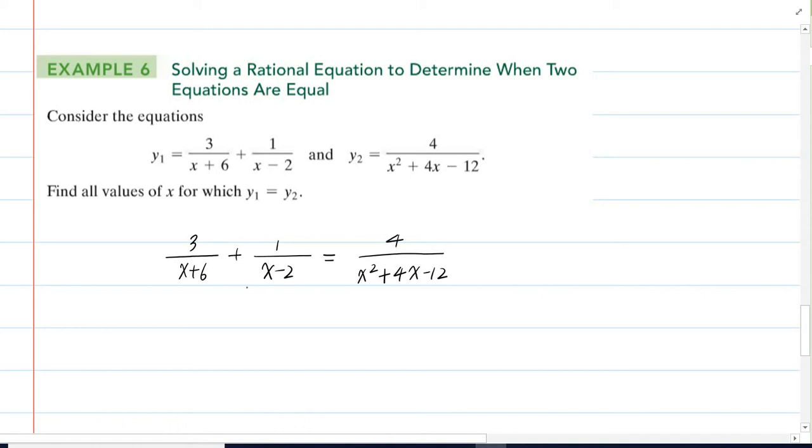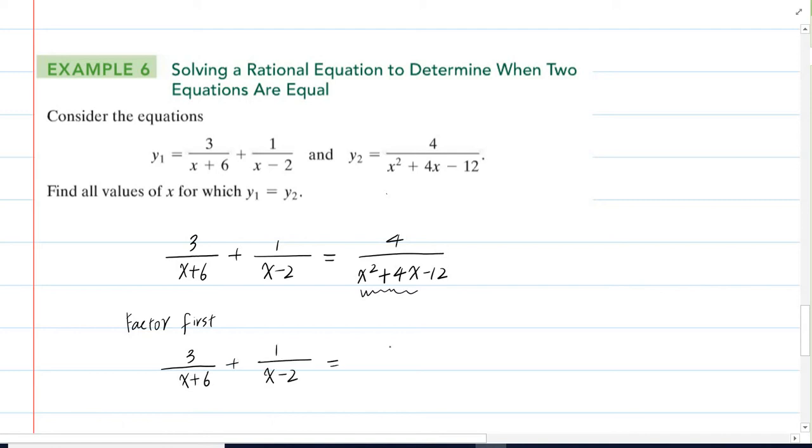Once we set it up, what we want to do is figure out what the LCM is. But in this case, when we just look at it, it's really hard for us to see. So in order to find the LCM, we have to factor first, right here. Okay, let's go ahead. We're going to write down the rest of it exactly the same. So we're going to have 3 over x plus 6 plus 1 over x minus 2.